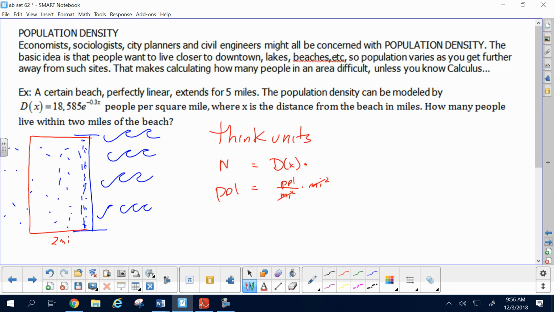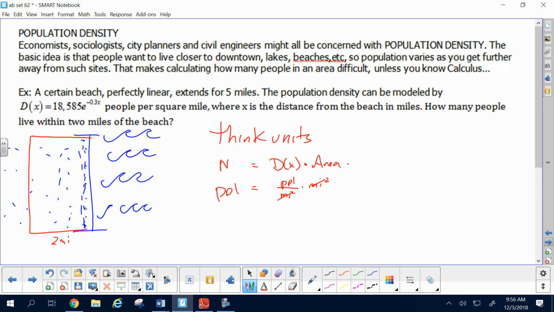Miles squared, what do you reckon that is? A pre-algebra kid could answer that. If you get an answer of miles squared, you probably are measuring area. Yes, area. That's the trick.